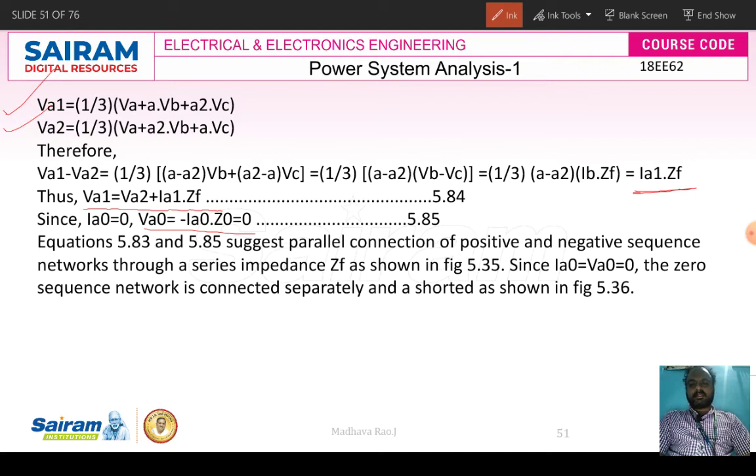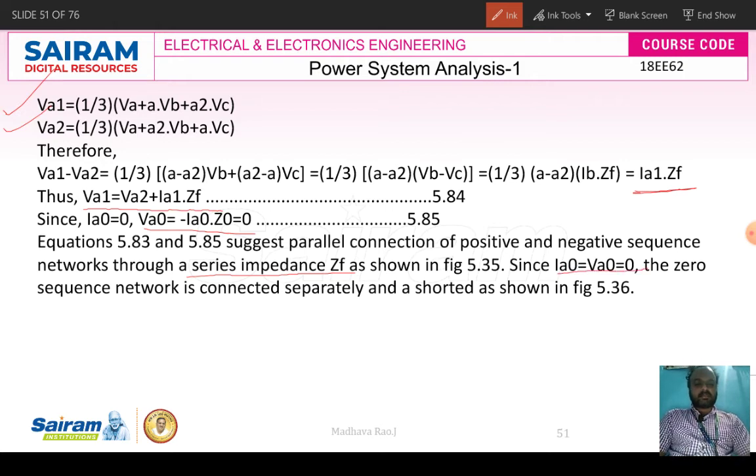So, these equations belong to the voltage sequence components, positive, negative, zero sequence components VA1, VA2 and VA0. So here we have series impedance ZF as shown in the previous figure, and IA0 equal to VA0 equal to 0.